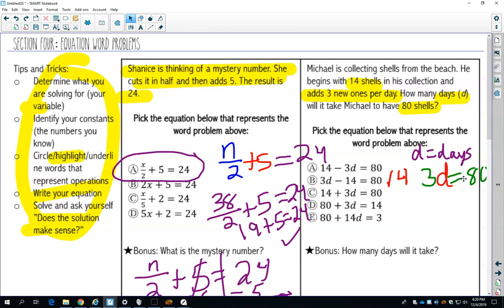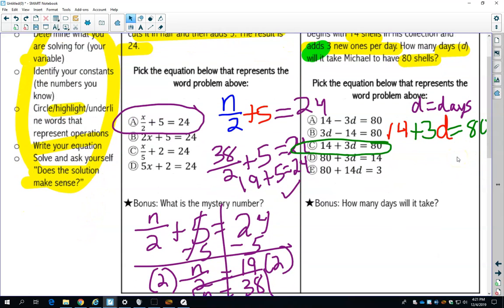Well, it does tell us in the problem that he adds 3 of them. So this is going to be an addition problem. So here is your equation. We're going to try to figure out how many days it takes. So 14 plus 3d equals 80.